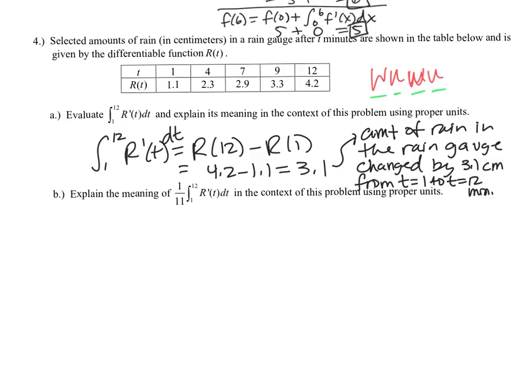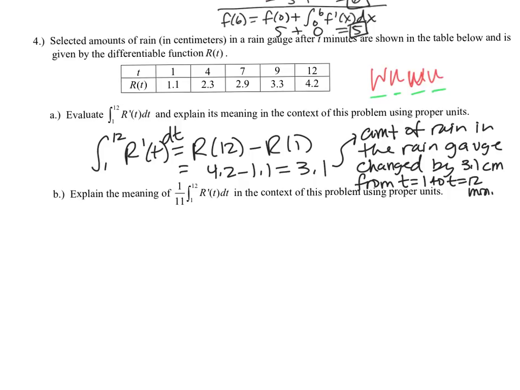So remember, r of t is an amount function. R prime of t would be a rate function in centimeters per minute. So the answer to this question would be the average rate in centimeters per minute, from time t equals 1 to time t equals 12.